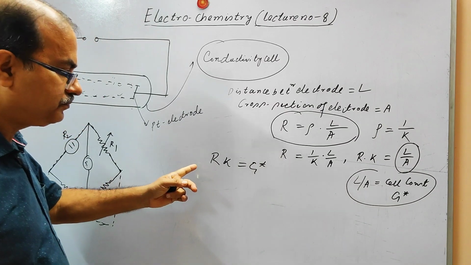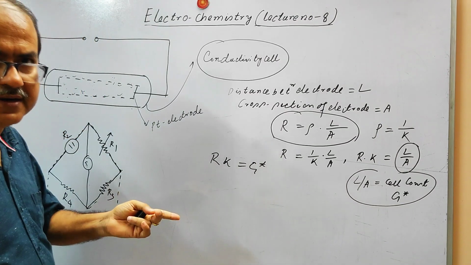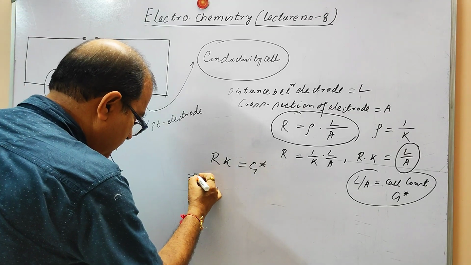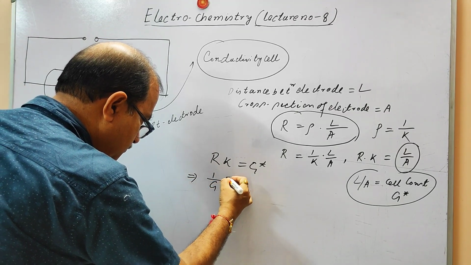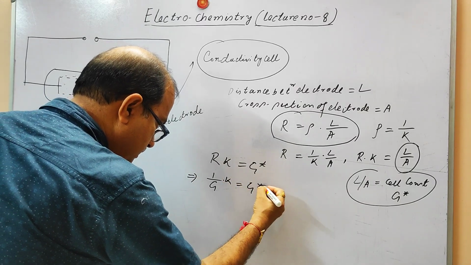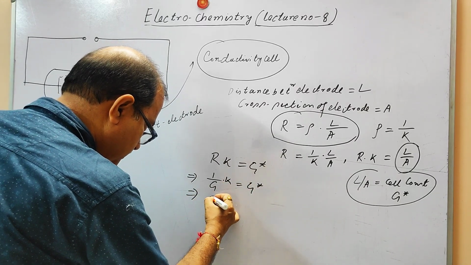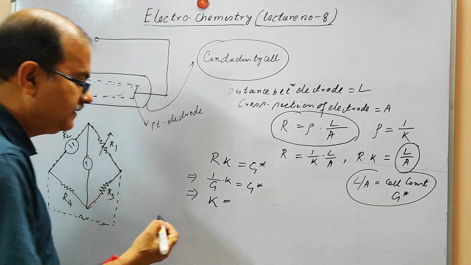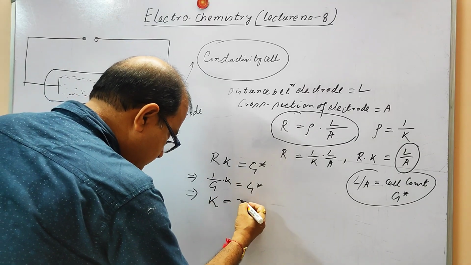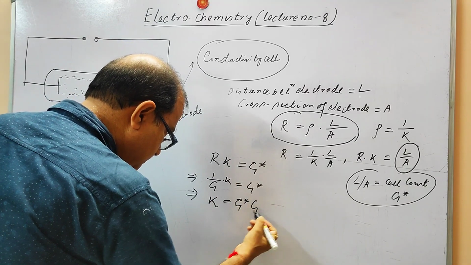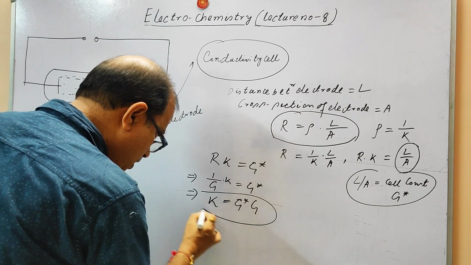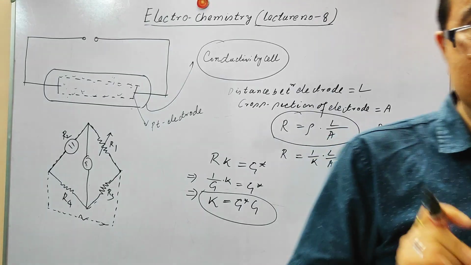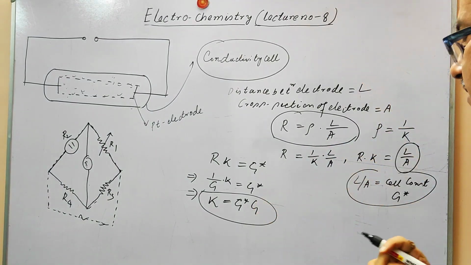Now we know resistance is nothing but, if we want to correlate resistance and conductance, we can write 1 by G into K, that is G star. K means kappa, that is kappa is G star into G, means the conductivity is the multiplication of the cell constant and conductance.